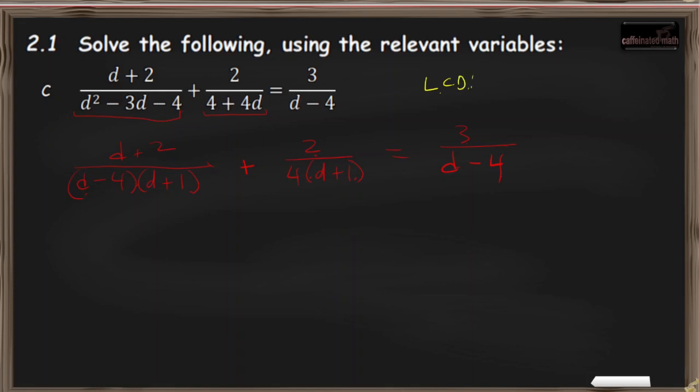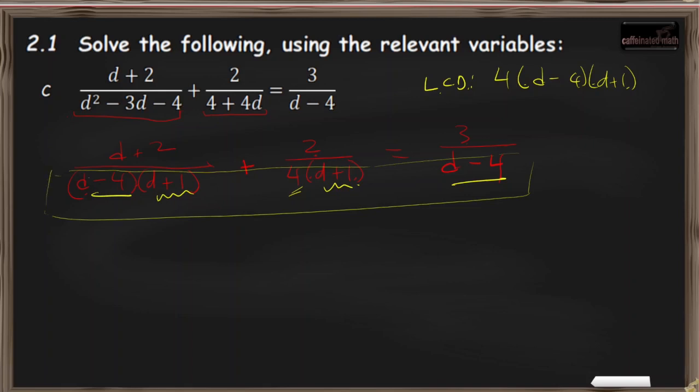We can see 2 denominators have a d minus 4 and 2 of them have a d plus 1, and then there's also a 4 to consider, and those are the components that we need to make an LCD. d plus 1 is the final part, which means we can now forget about all the denominators.